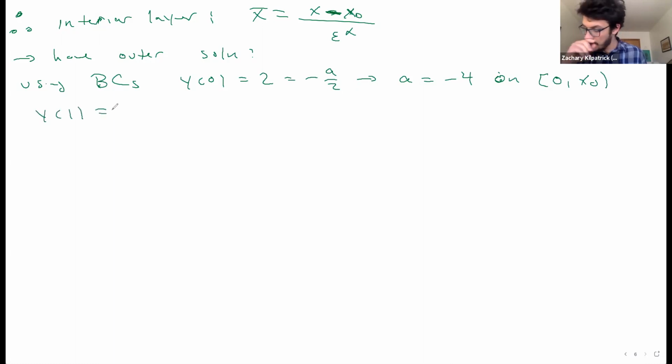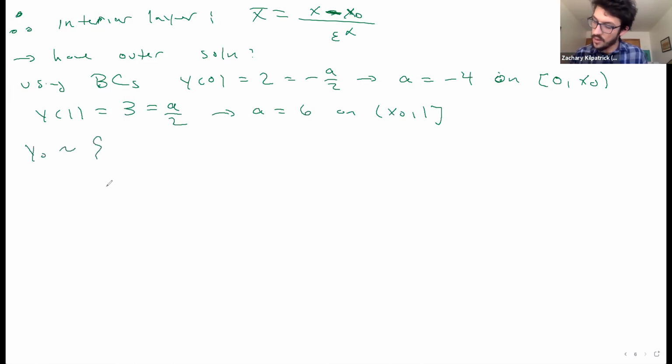Y of 1 is going to equal 3, okay. So that's going to be equal to a over 2, right? Because I have 1 minus a half there. So this implies that a equals 6 on x0 to 1, okay? So my outer solution is resolved.